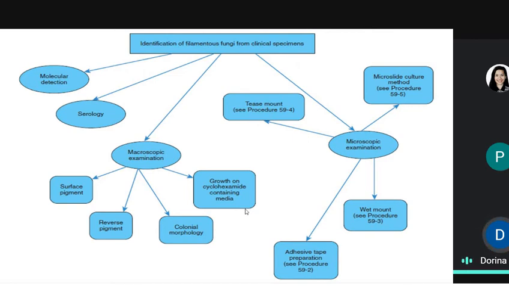For macroscopic, of course, surface pigmentation. This pigmentation has a surface and a reverse. Surface, because you look at the plate from the top, not holding your plate but looking from above, so you're looking at the cover side. When you look at the reverse, you look from the bottom side.